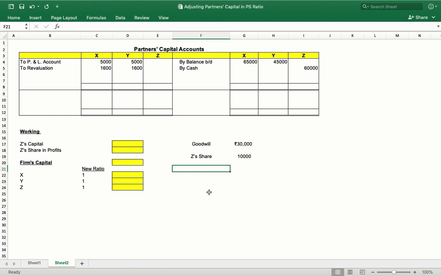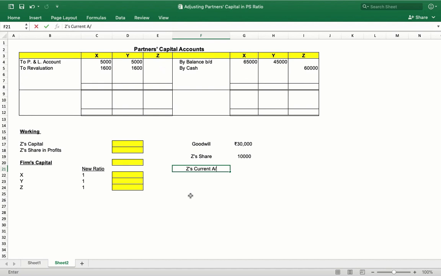But as per ISC guidelines, rather than reducing Z's capital, we need to consider Z's current account. So we will debit Z's current account instead of Z's capital account.